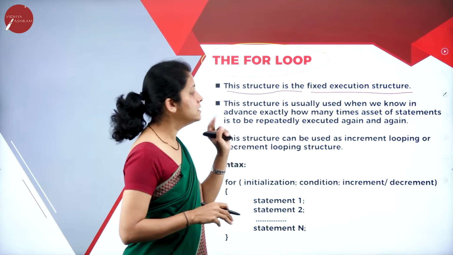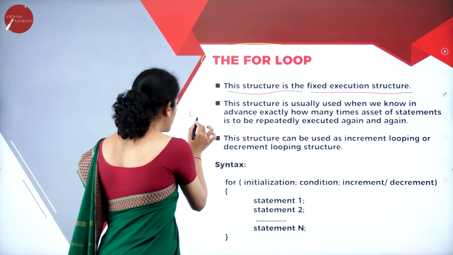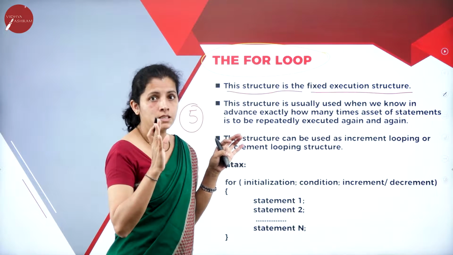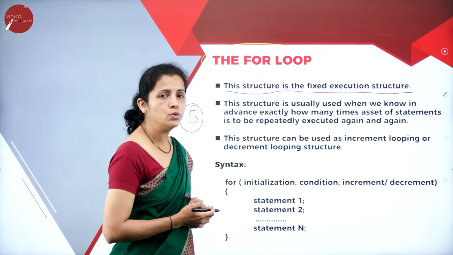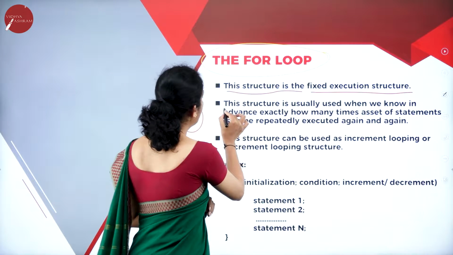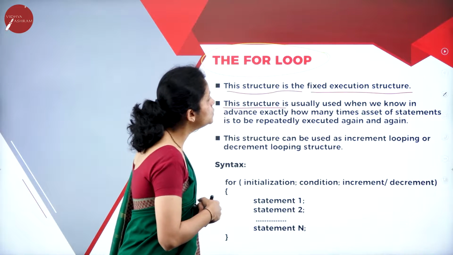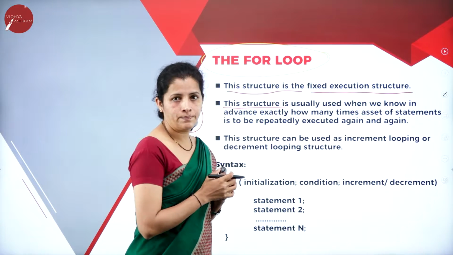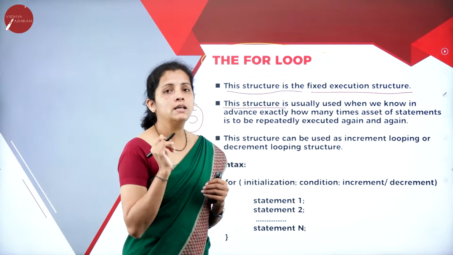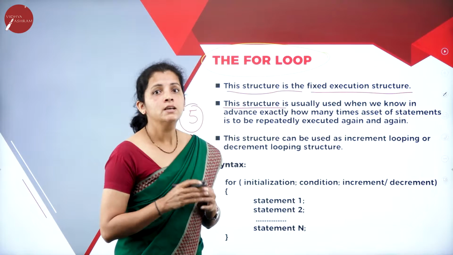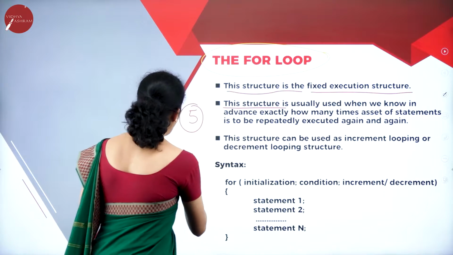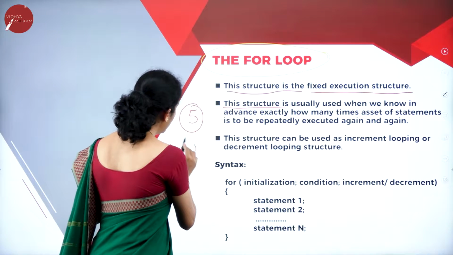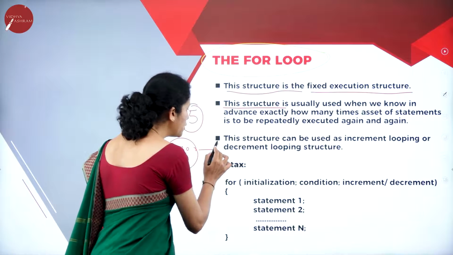For example, think that I know I want to execute this line a particular 5 times. In that situation, I'm going to use for loop. Along with that, this structure is usually used when we know in advance. Okay, fine. Let me consider a simple example here. Think that I want to send a hi message to 5 members.